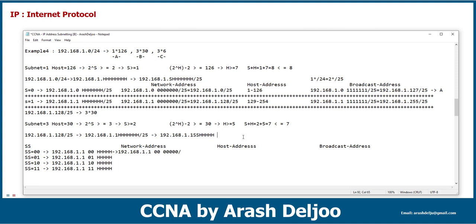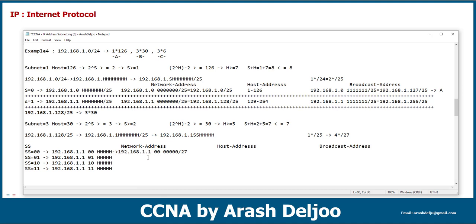Let me write here: we had 1 /25 network. Now we are converting this network to 4 /27 networks with a smaller number of hosts. Because of that, this is /27, 27 bits of the network and subnets.